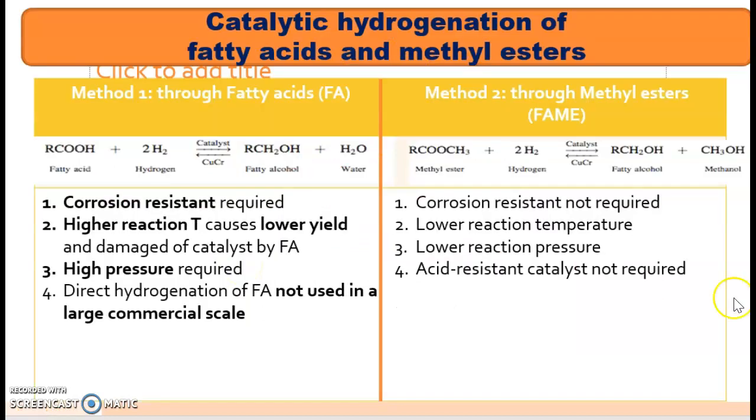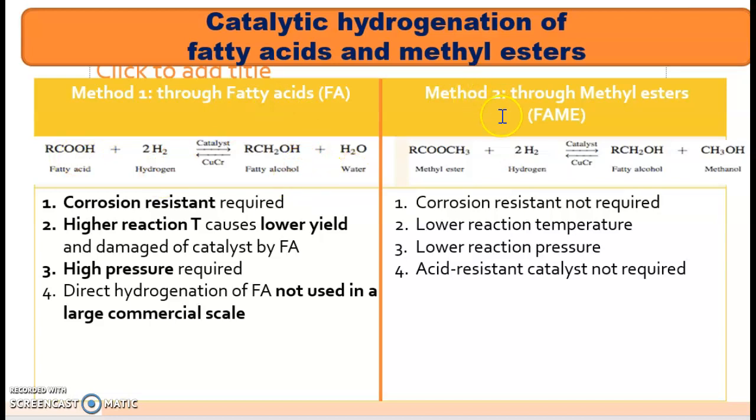Okay, so catalytic hydrogenation of your fatty acids and methyl ester can produce your fatty alcohols. So here we have the fatty acid equation: C double bond OOH for carboxylic acid. Addition with the hydrogen will produce the fatty alcohols and water.